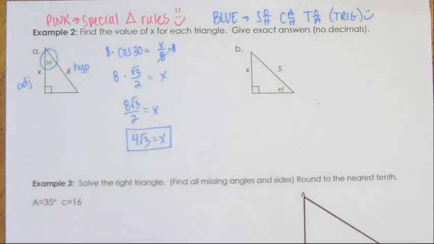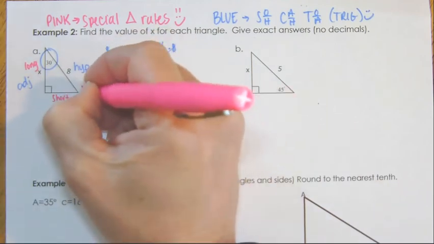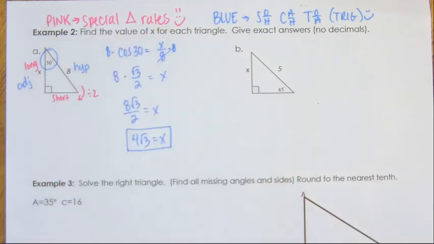All right, now I'm going to do the same problem, but I'm going to do the special triangle rule. Since this is a 30-degree triangle, I know that there's my hypotenuse, this is my short leg, this right here is my long leg. So to get from the hypotenuse to the short leg, I need to divide by 2. So 8 divided by 2 gives me 4.